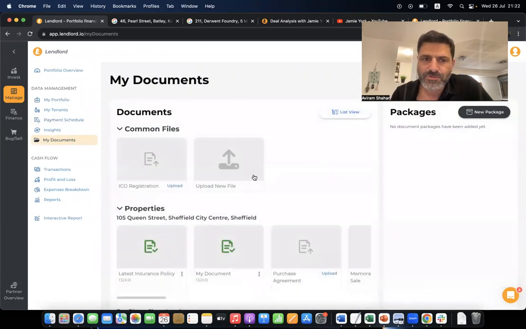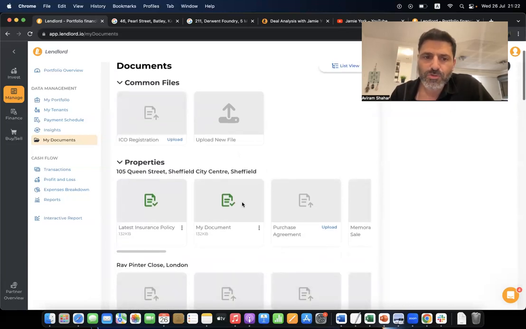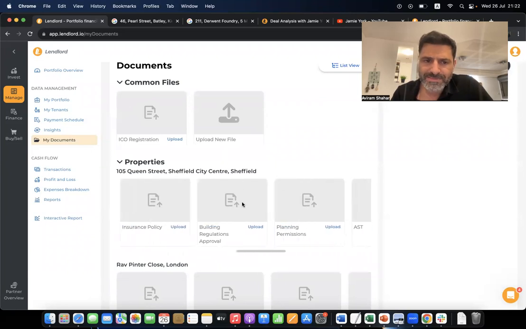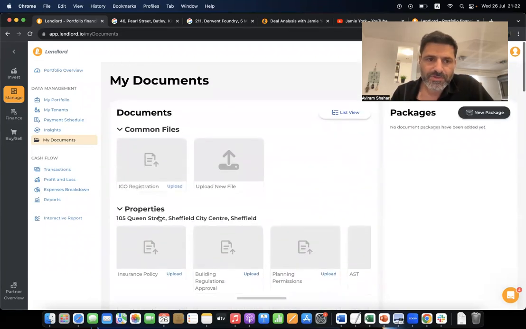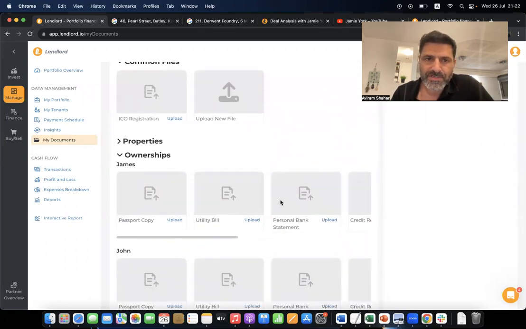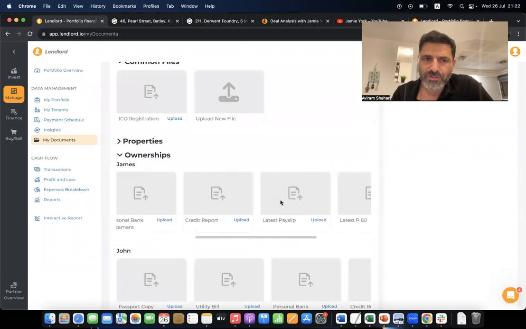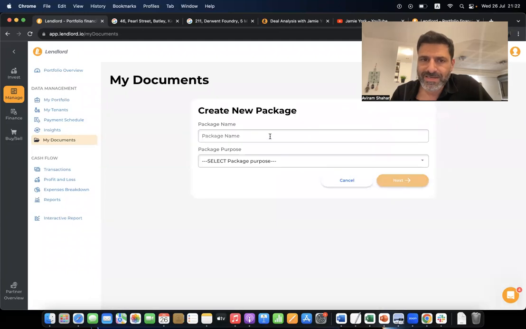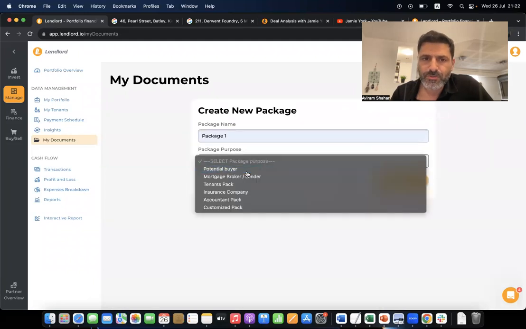My documents, also a new feature, also part of the premium plan. Very important to manage all your relevant documents for each property in one place. And also you can manage your personal documents for each owner, so you can share with a broker or lender, and you can also create a package to share with others.